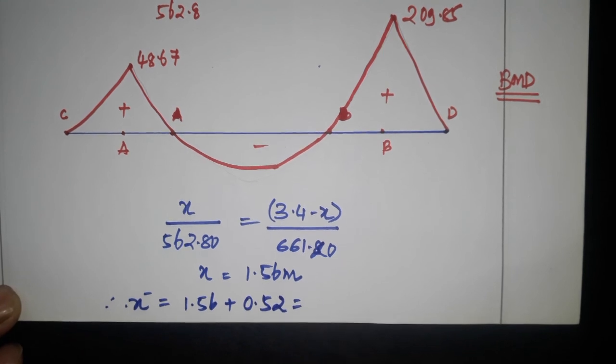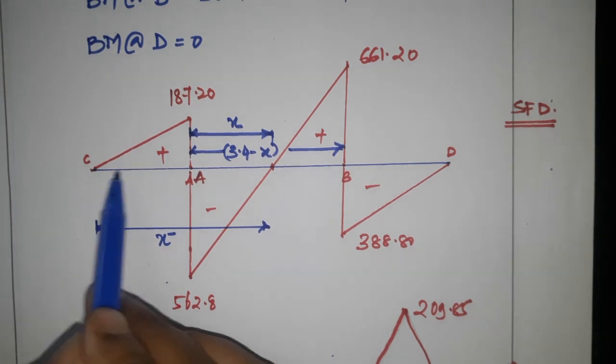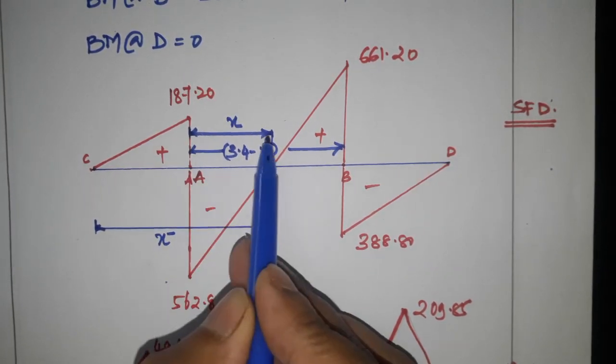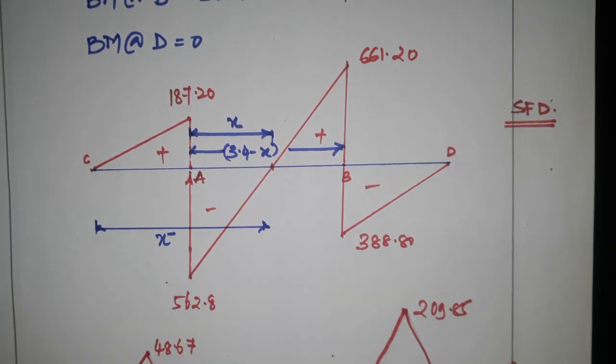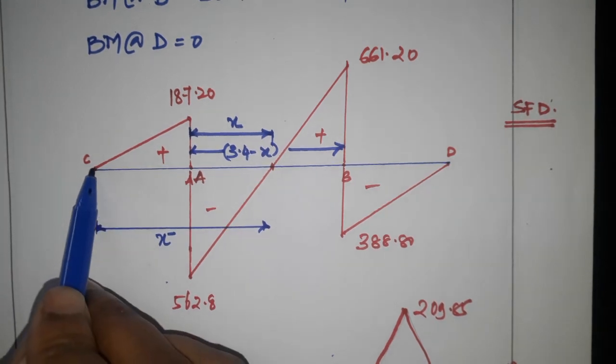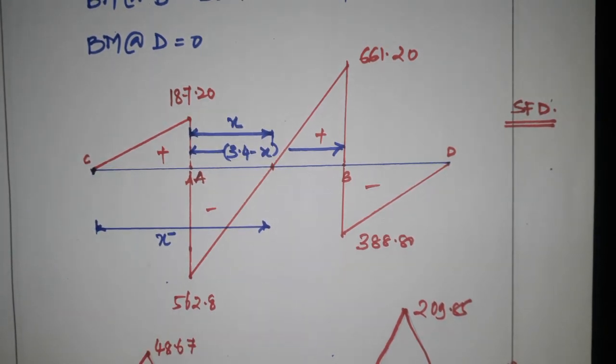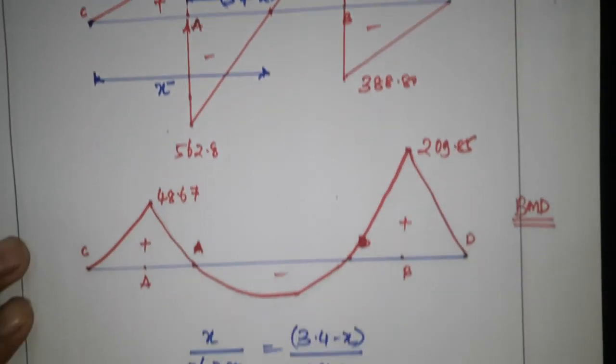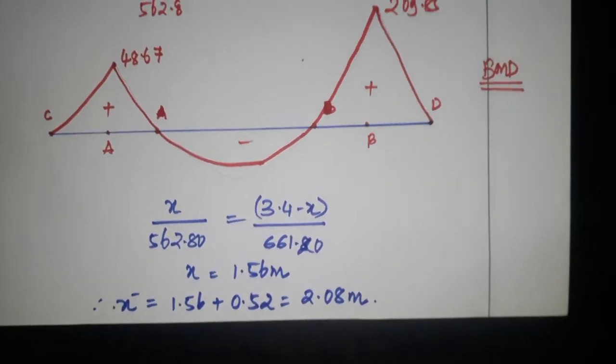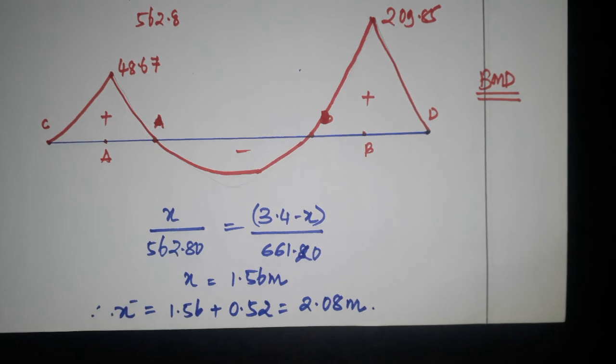So we will get x bar is equal to 2.08 meter, because this distance is 0.52 and x is 1.56. So the location of point of contraflexure from C is 2.08 meter. So you have to practice this, and if you have any queries, we can discuss that in the next session.